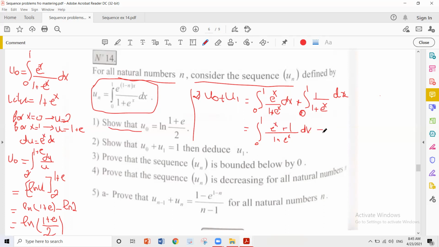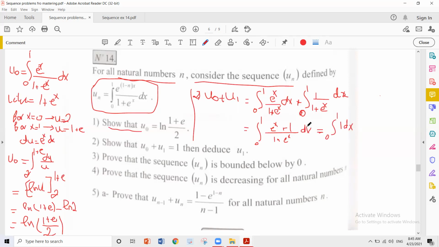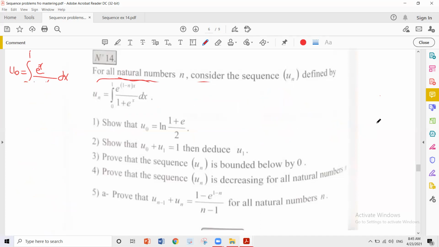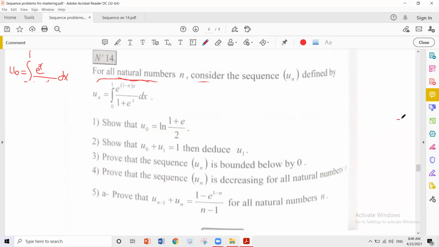So the integral of 1 dx equals x between 0 and 1, equals 1 minus 0, equals 1.